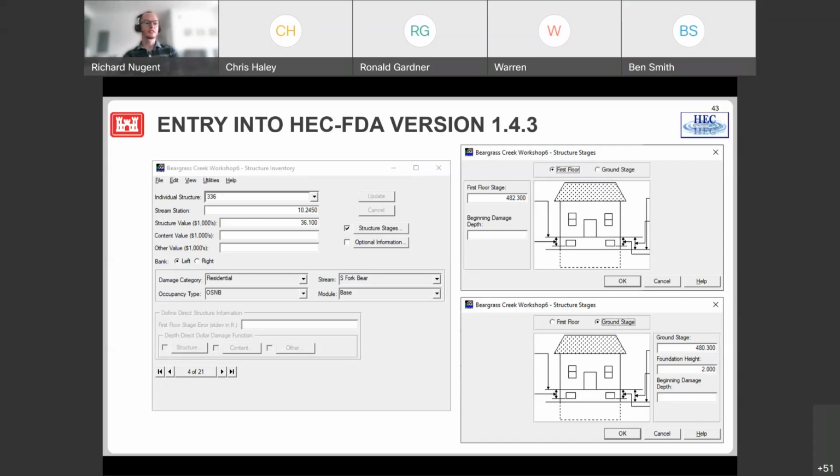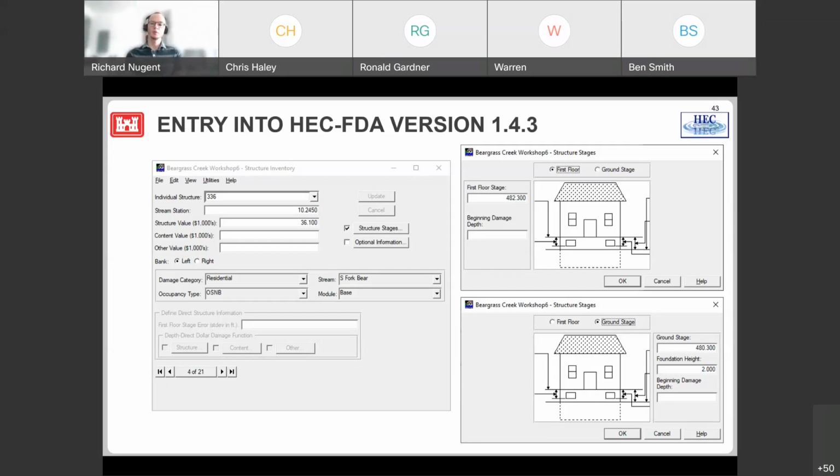Now for ground stage and foundation height, we can get at the first floor stage by entering the ground stage and the foundation height, which are summed to equal the first floor stage. And so you can see that the ground stage here is 480.3, foundation height is 2, and that equals the first floor stage of 482.3.